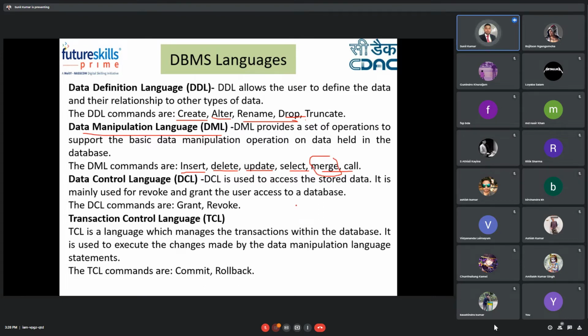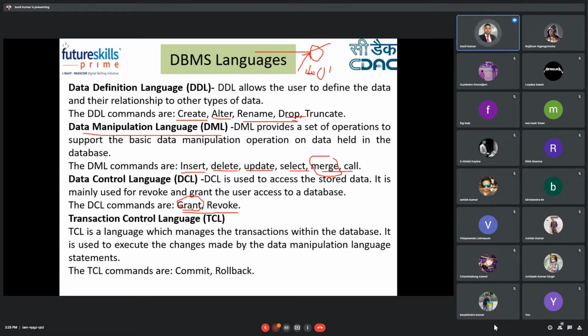DCL, data control language. Data control language is basically used to lock the data or to revoke access. Sometimes you have seen this when you try to access your bank details. The bank locks the data so that you cannot make any change. If you want to make a change, you have to make a request to the bank.